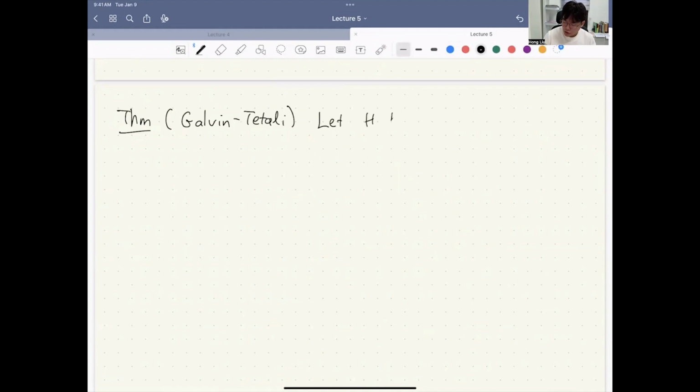Let H be a graph with loops allowed, but no multiple edges.